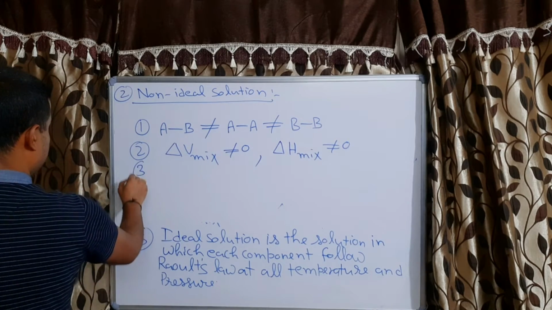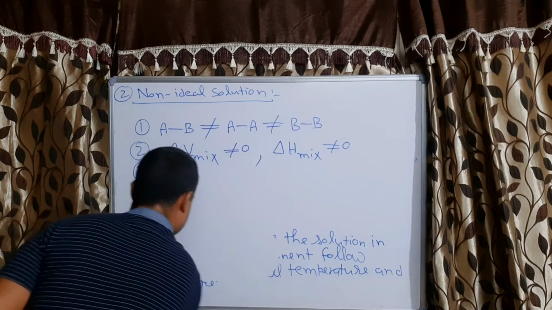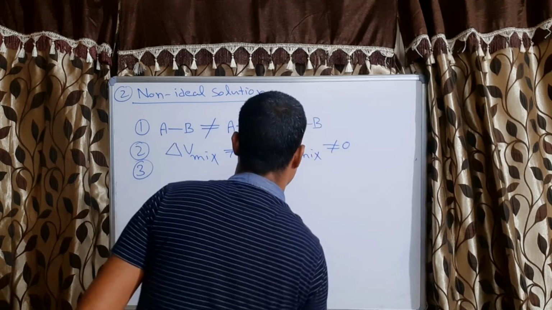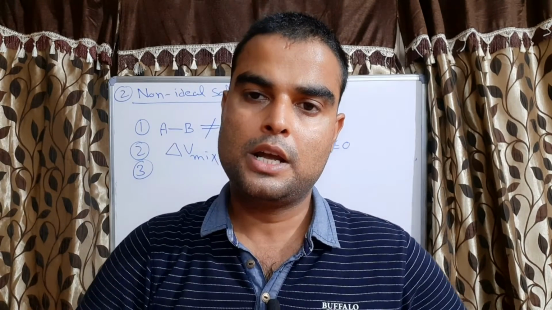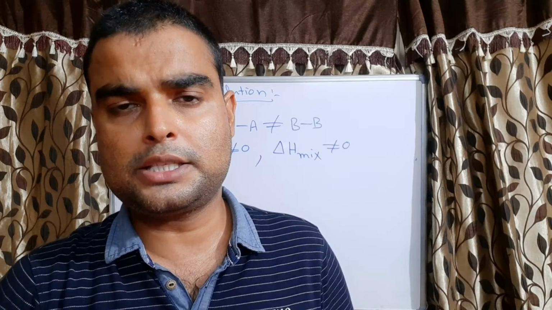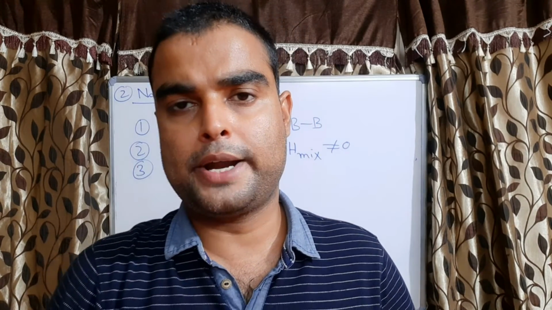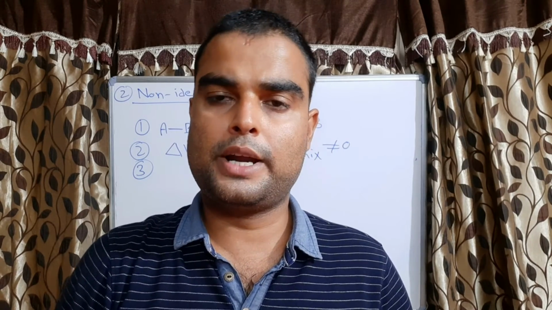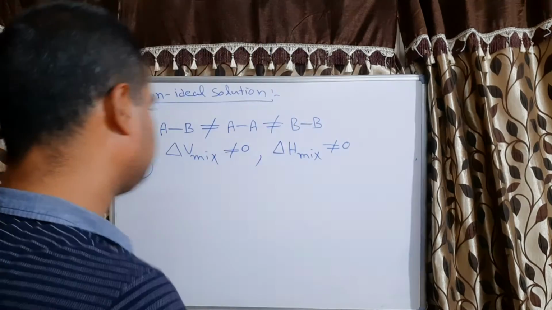Now come to the third definition. According to the third definition, a non-ideal solution is the solution in which no component, neither A nor B, follows Raoult's law. That is the third definition of the non-ideal solution.